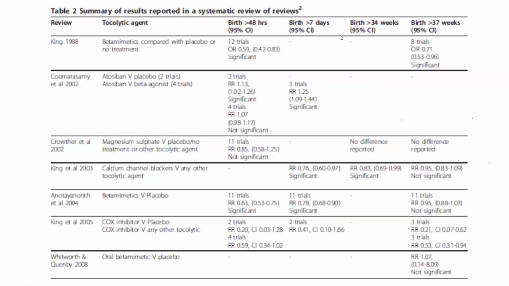There were 12 trials with an odds ratio of 0.59, about a 40% effect, with a 0.4 to 0.83 confidence interval. And because it does not include 1, it has a significant result. And for birth and for the 37 weeks. So all of them show different systematic reviews that were done.